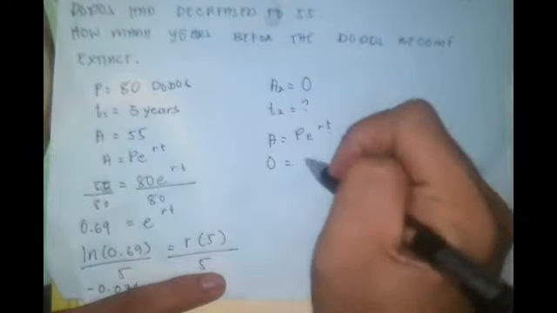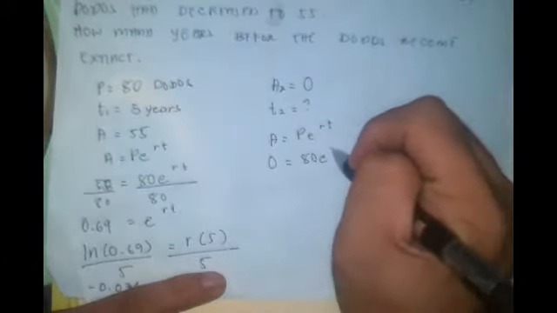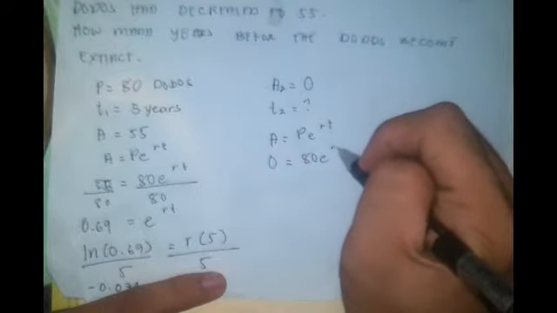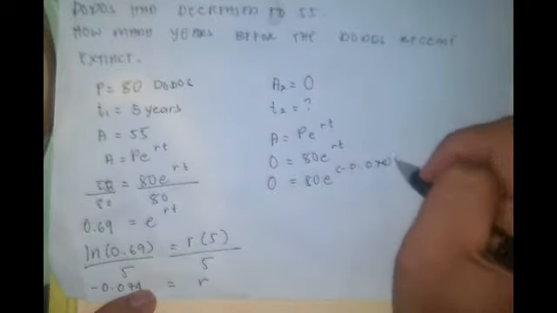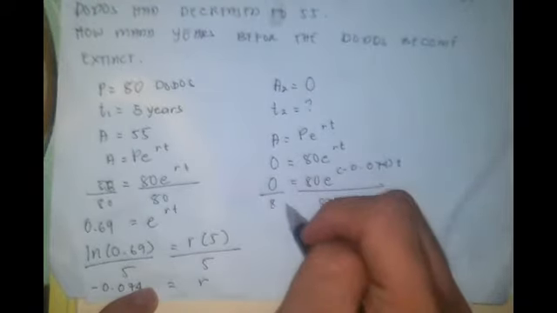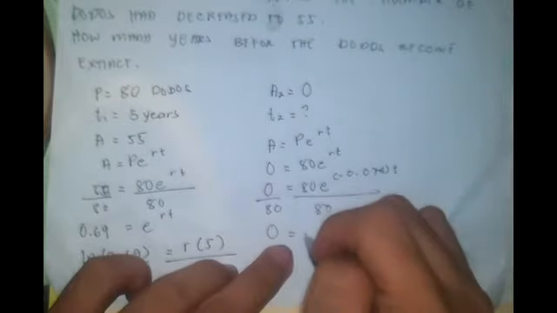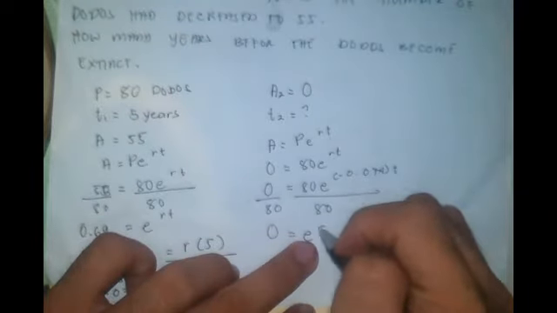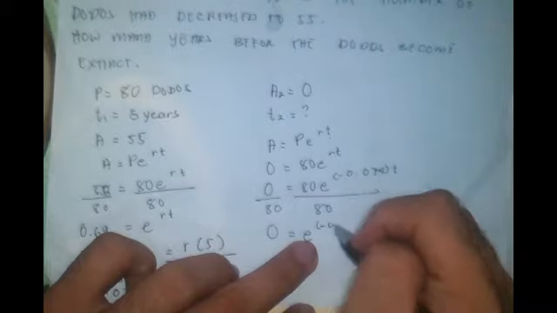A is 0, so 0 = 80e^(rt), with r equal to negative 0.074 times t. Divide both sides by 80, and still 0 = e^(-0.074t). Then the natural logarithm theorem.